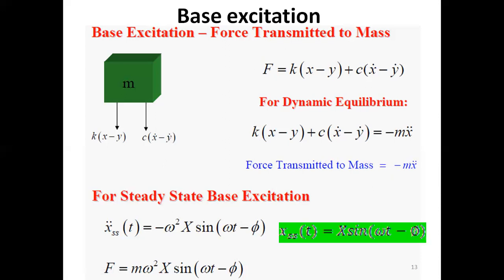Bringing these two forces to this side of the equation, and the inertia force on the other side, we would have a minus sign here. So we could also say that the force transmitted to the mass is equal to minus m x double dot.